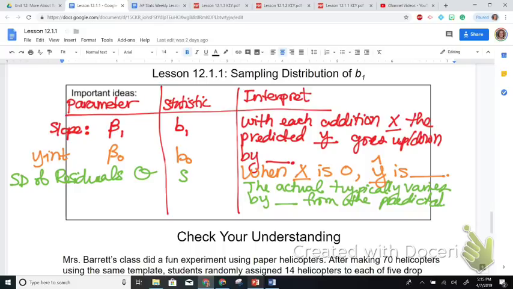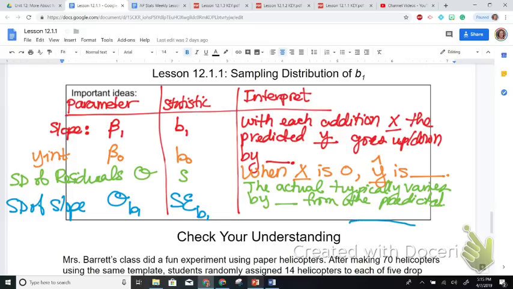And last, we have our standard deviation of the slope. For the parameter, we'll use sigma sub b1. And for our statistics, we'll use our standard error, so SE sub b1.